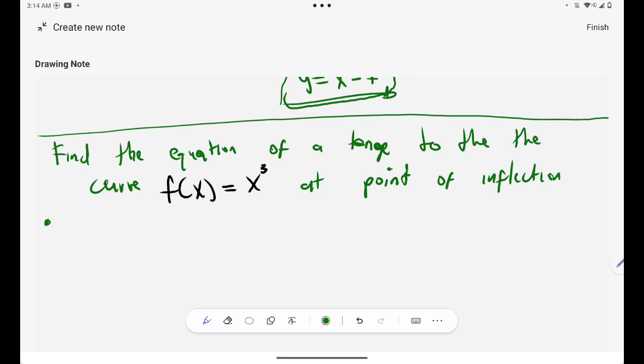Okay. Find the equation of the tangent to the curve at the point of inflection.